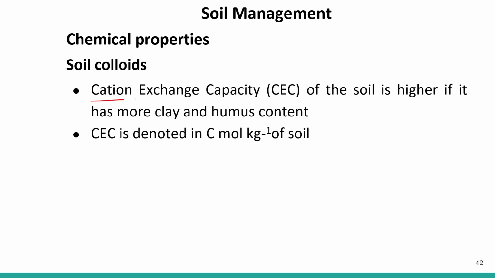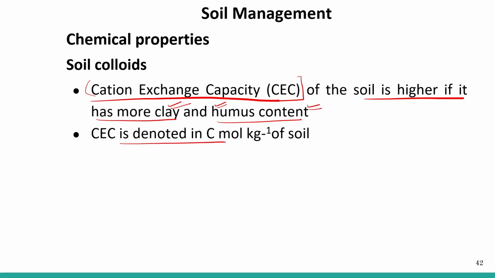Cation exchange capacity of the soil is higher if it has more clay and humus content. So cation exchange capacity means a lot of exchange of cations takes place, and it is higher when it has more clay and humus content. So CEC is denoted by cmol per kg of the soil.